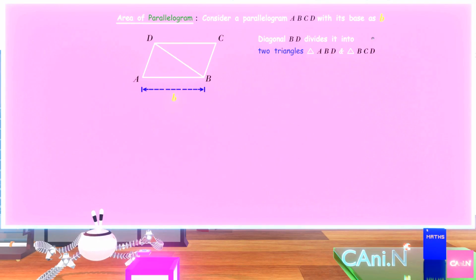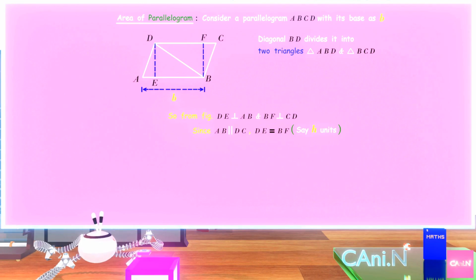Area of parallelogram. Consider a parallelogram ABCD, with its base as B. Diagonal BD divides it into two triangles, triangle ABD and triangle BCD. So, from figure, DE is perpendicular to AB, and BF is perpendicular to CD.